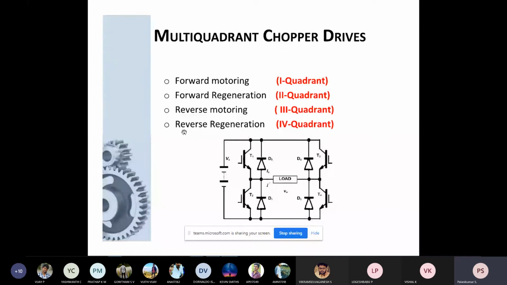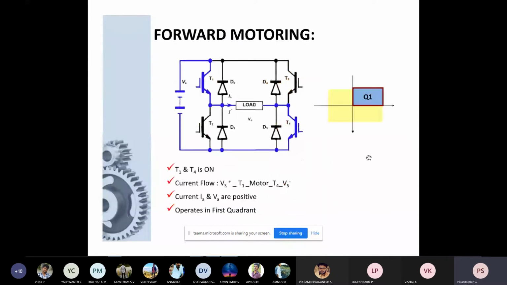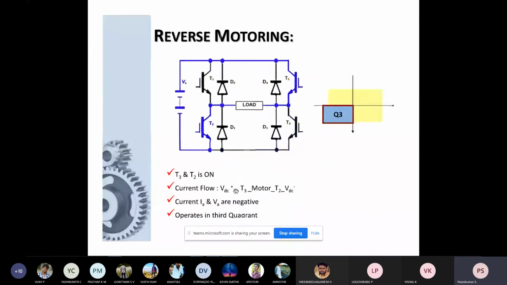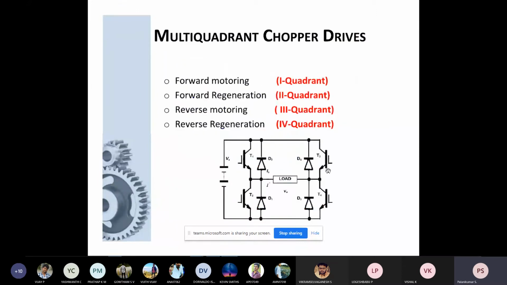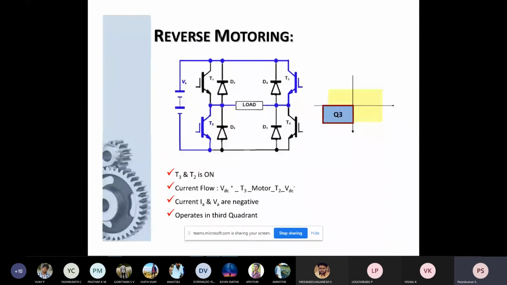If I am able to do the reverse braking and feed the power back to the source, that is called reverse regeneration. We are going for a detailed explanation also. So when you are writing or remembering, these four points for each quadrant operation are very important. That's why I projected this.